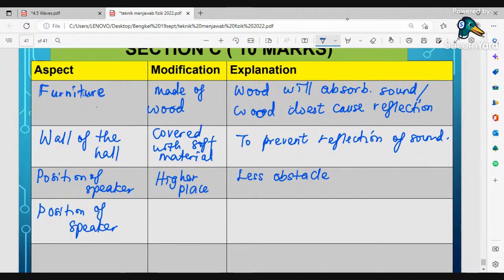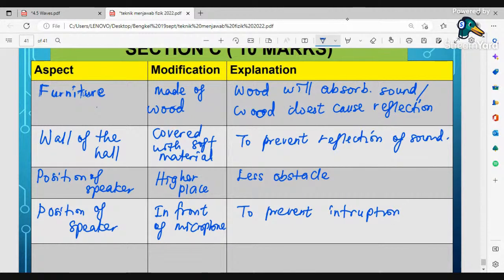Position of speaker should be in front of the mic to prevent interruption of sound. Or prevent noise also can.